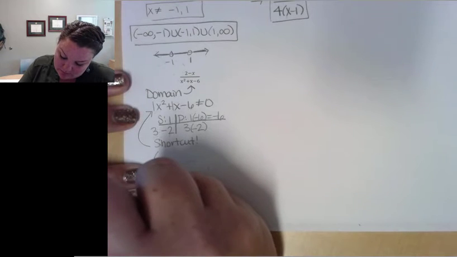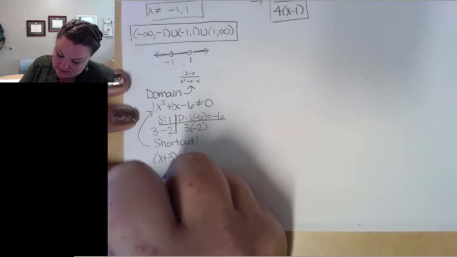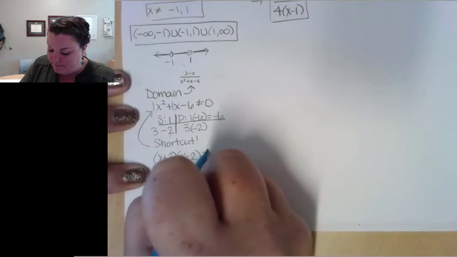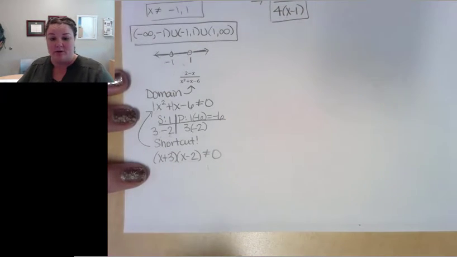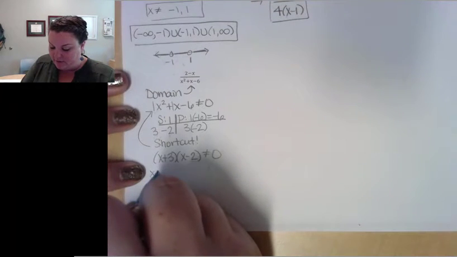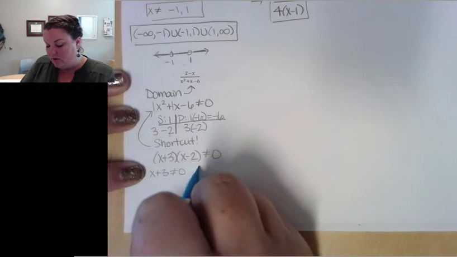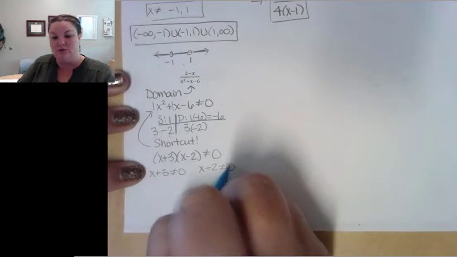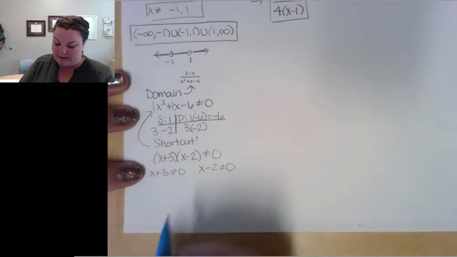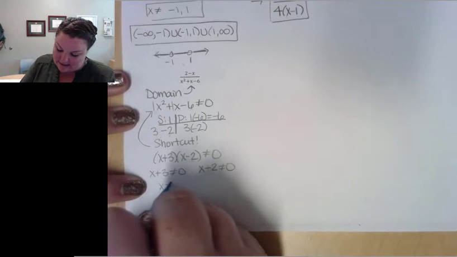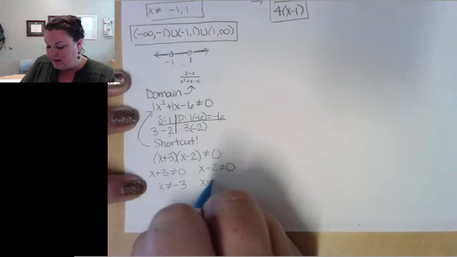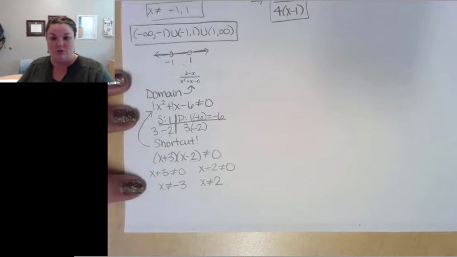So that means that this will factor into x plus 3 times x minus 2. And that's what we don't want being 0, right? So that means x plus 3 can't be 0, nor can x minus 2 be 0. And when I solve these, that's going to mean that x can't be -3 and x can't be +2, okay?